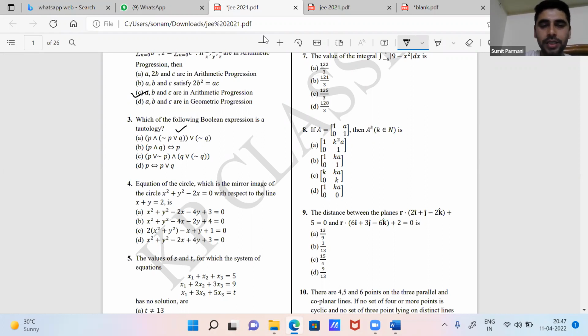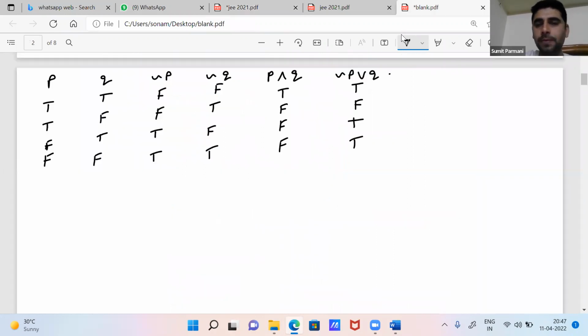P or negation of P, Q or negation of Q, and the last we have P or Q. For P or Q, we have true, true, true, false.